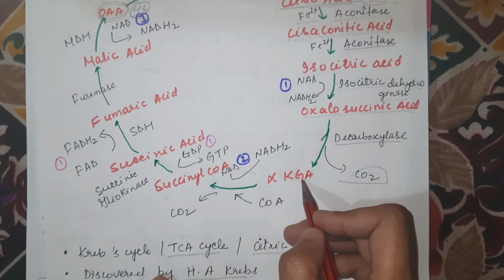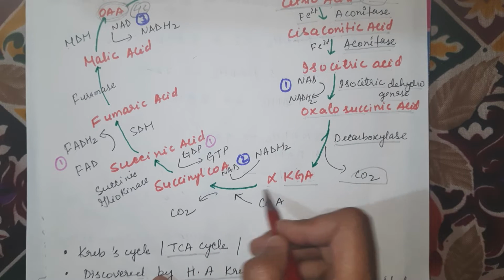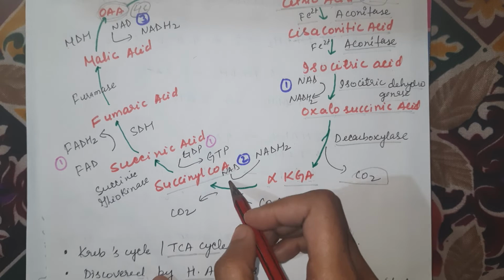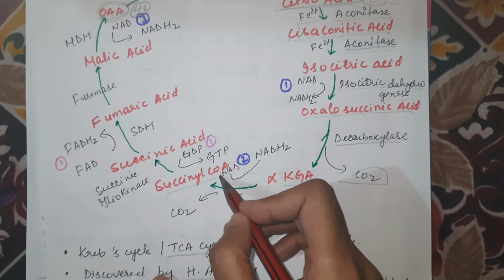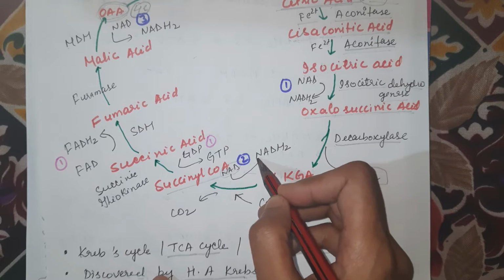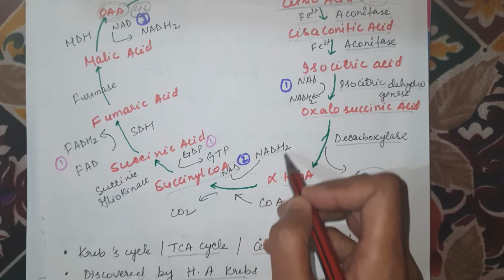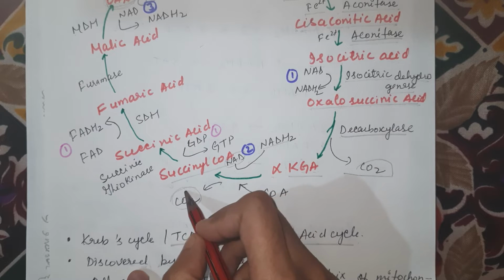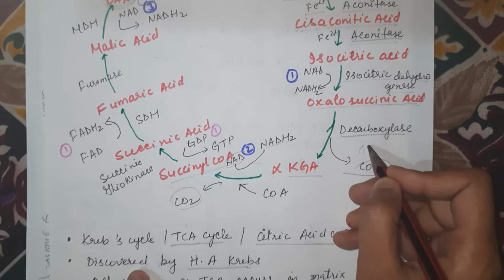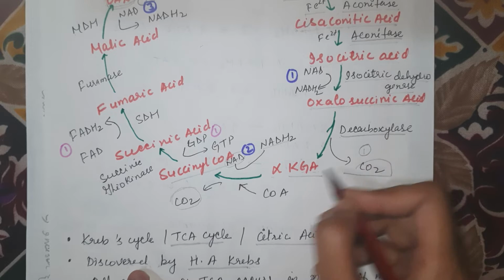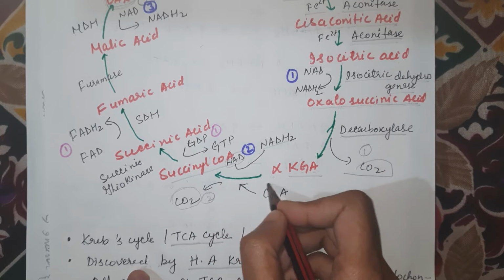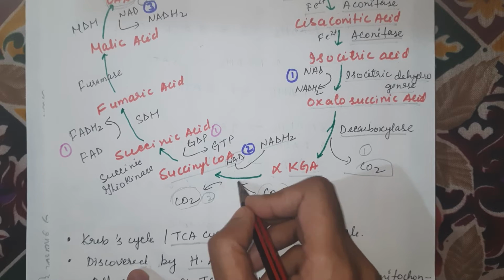Alpha ketoglutaric acid is converted into succinyl-CoA in the next step, and in this step 1 NAD is converted into NADH2, and here another decarboxylation occurs. The first decarboxylation occurs in the previous step, and the second decarboxylation occurs in this step, and here CoA is added.